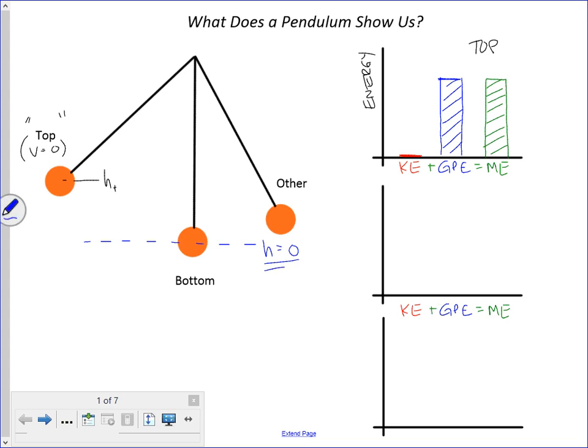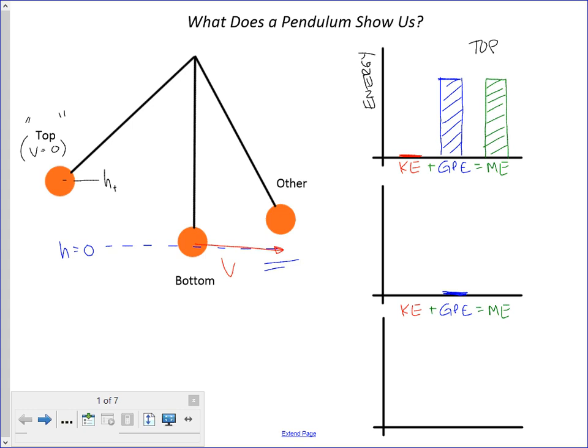So now there's zero GPE. But we now know that this thing is moving. It's now moving this way with a speed v, its maximum speed.